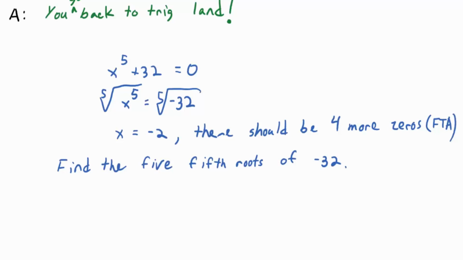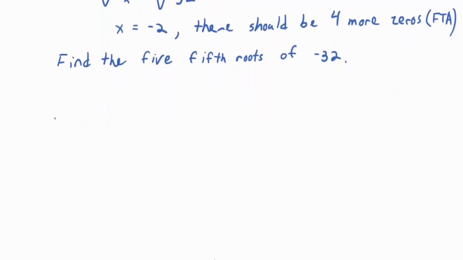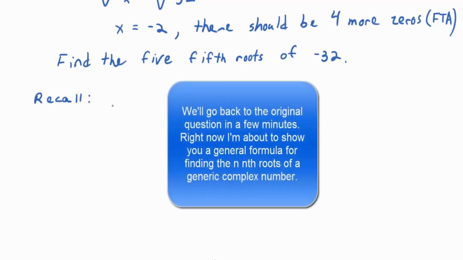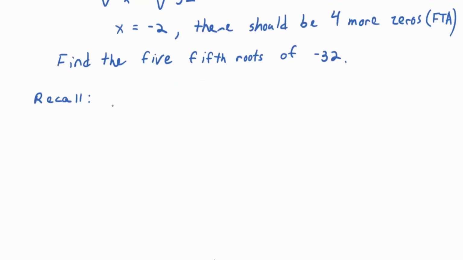Okay, well, I have to help you recall something. Recall: if you write a complex number in trig form, so if you have z equals a plus bi, that's standard form, right? A and b are real numbers.